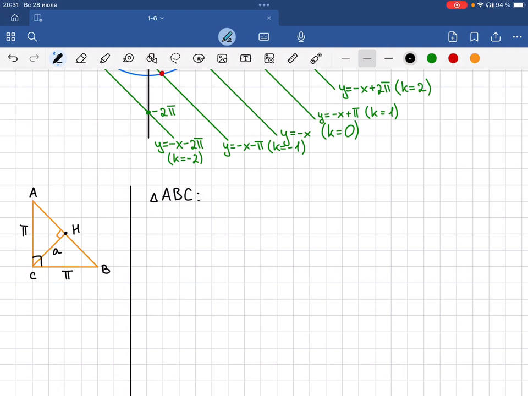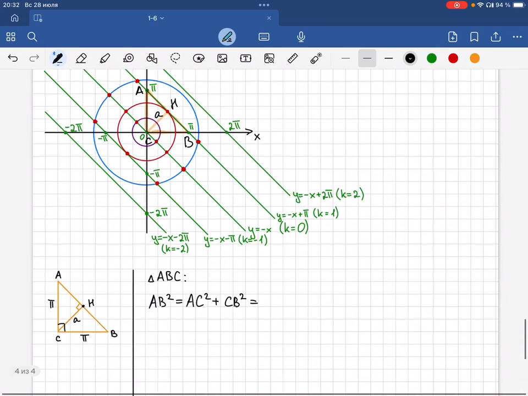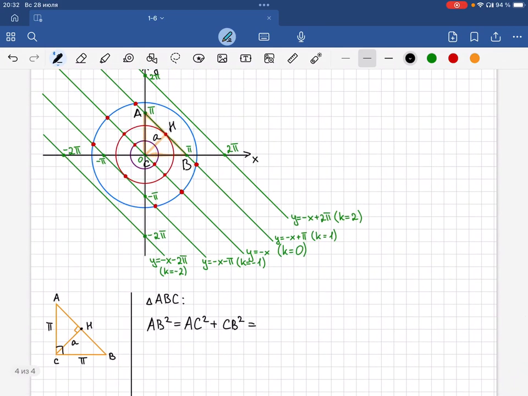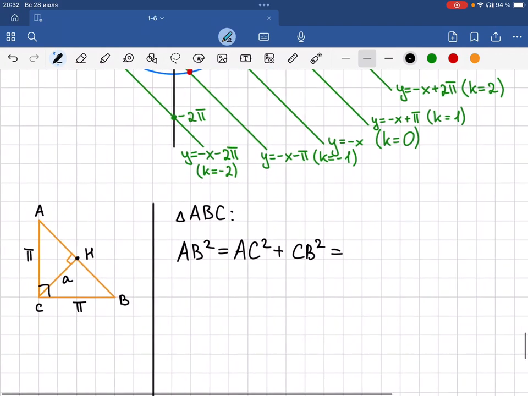As I said previously, this one is rectangular, so AB squared equals AC squared plus CB squared. And from the graph we may see that AC equals CB equals pi, since this point is pi and this one is also pi.